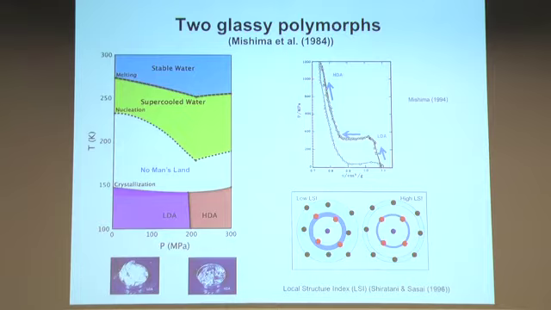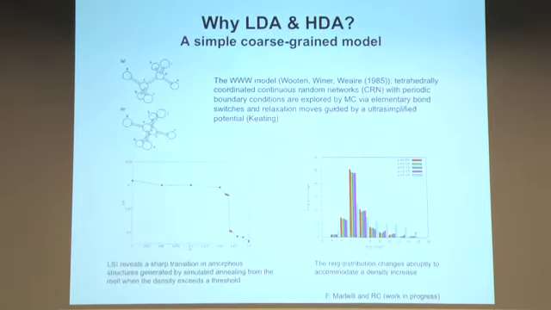There are certainly coordination defects in the real material, but these defects are not important to understand the structure. So the first question that I was asking myself is why LDA and HDA? And so I want to take away the defects, and I use just a very simple model.